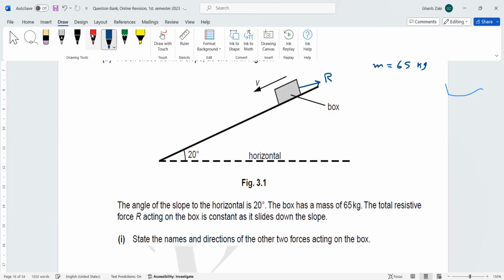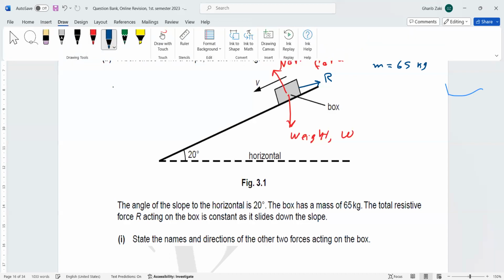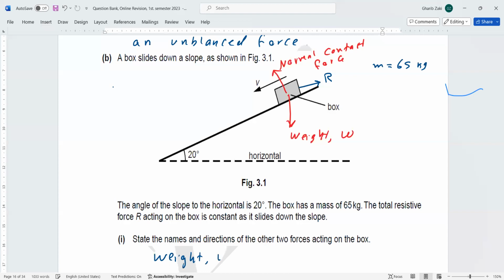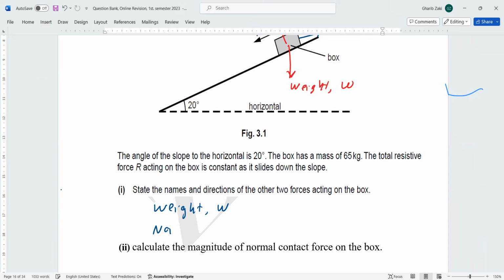Here we have one force, R, then we have the weight W, and the normal contact force. So the other two are the weight acting downwards, and the normal contact force.